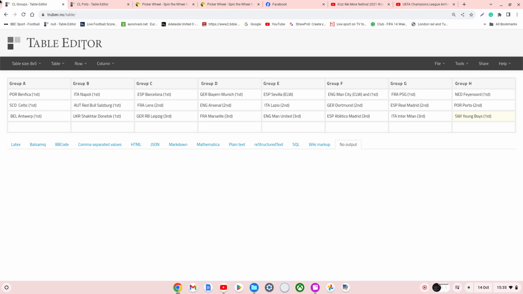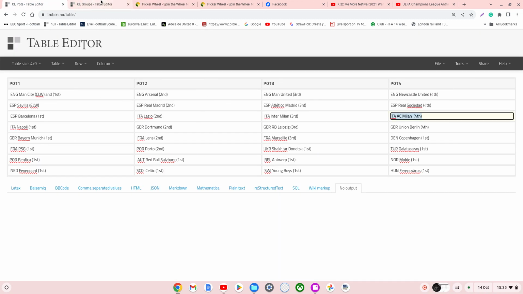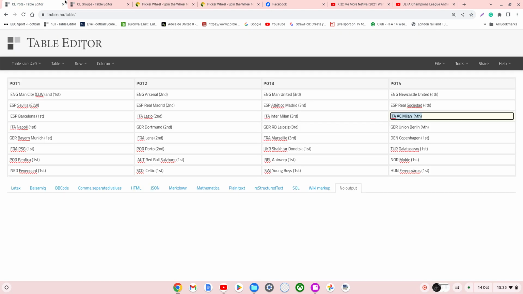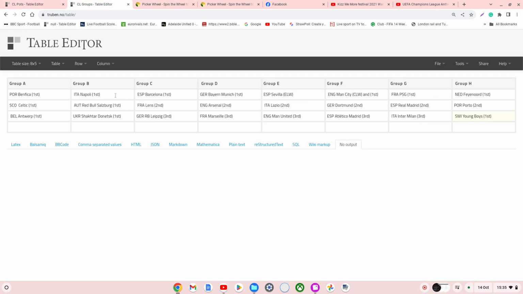And how many available options do they have? So Napoli, Lazio, and Inter. Okay, so they can't be in Group B because of Napoli, and they can't be on the right hand side of the draw as well.